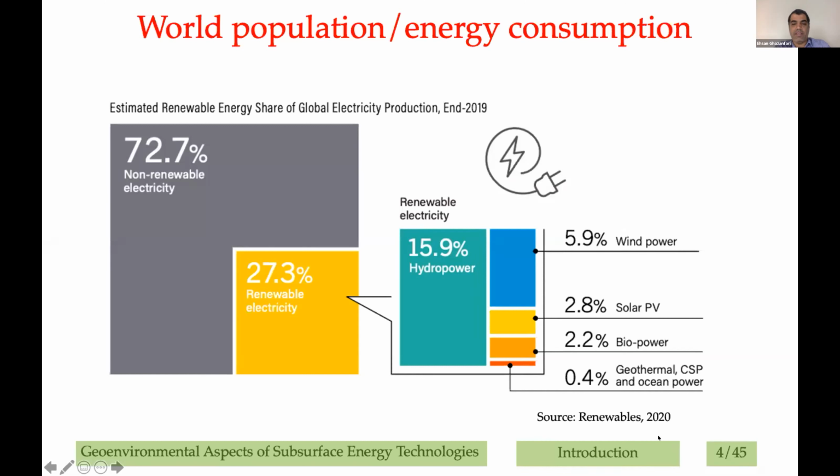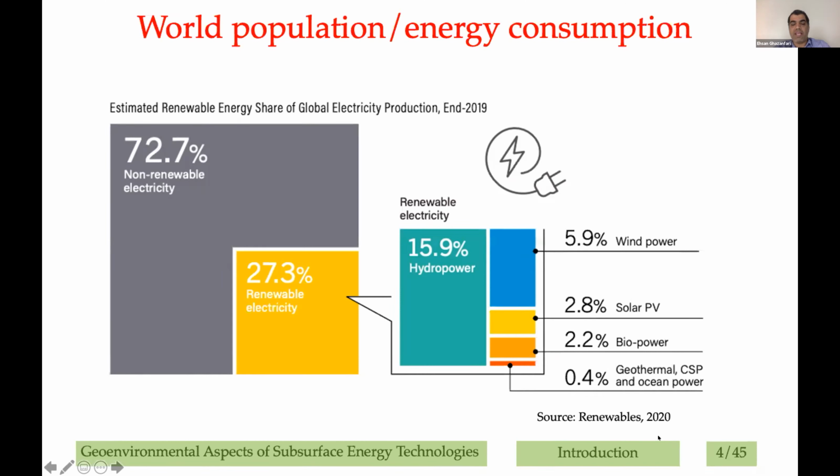sustainable and greener energy. Now, if you put this in perspective in terms of world population increase, so currently the population of the world is around 8 billion, and the trajectory is that by end of the century, the population will be around 11 billion people. So we have to think about all different sources of renewable energy and fill the gap between the transition away from the fossil fuels toward renewable.